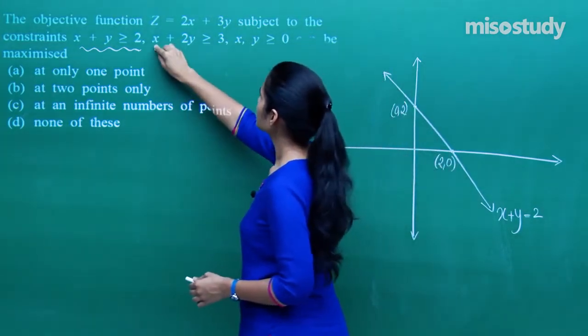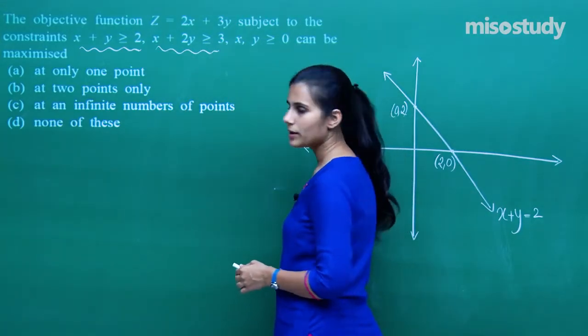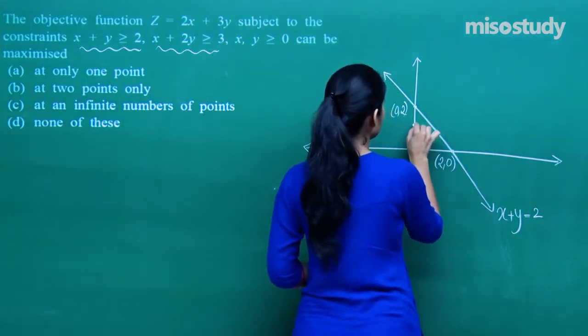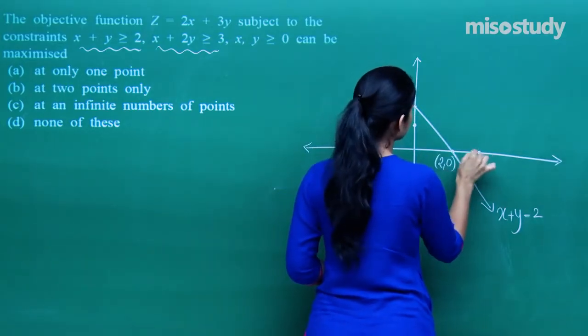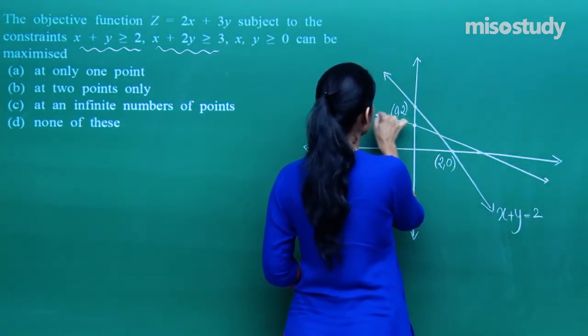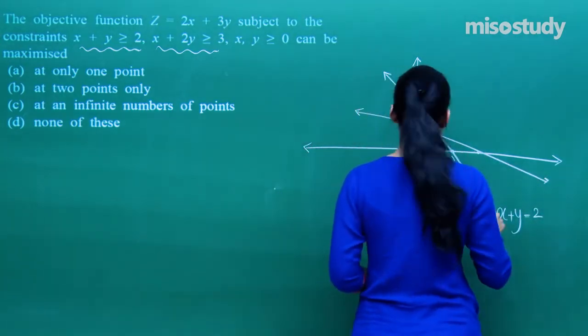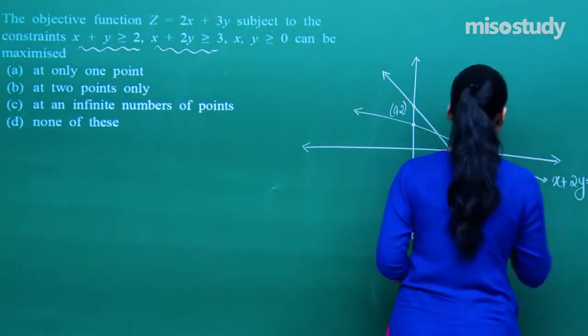Then you have x plus 2y equals 3. When x is 0, y is 1.5. And when y is 0, x is 3. So this happens to be the case. This is x plus 2y equals 3.